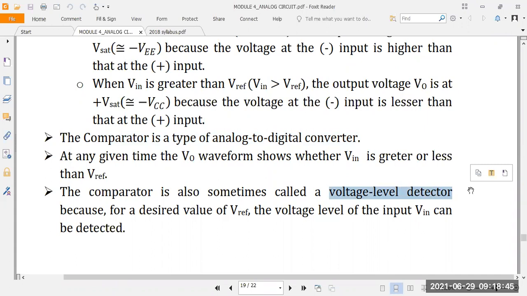We can detect any kind of voltage, like a 1 voltage detector, 0 voltage detector, 5 voltage detector, 10 voltage detector. By setting the V reference, we can easily detect the voltage level here.